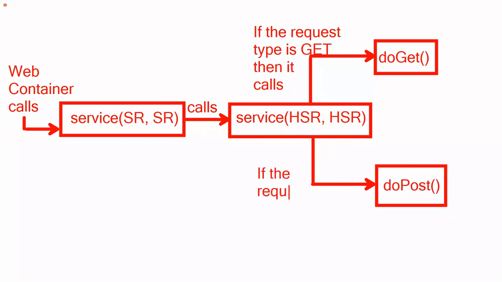If the request type is post, then it calls doPost. Now, first write this one. Write this one, I'll explain.